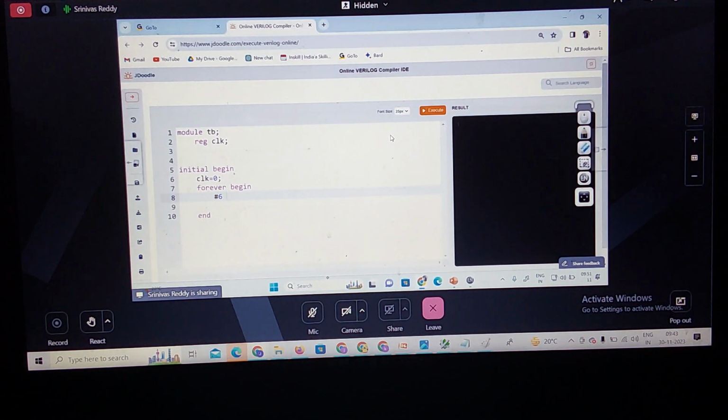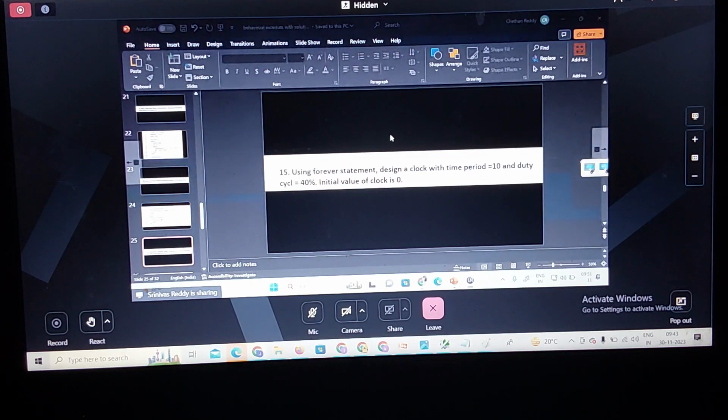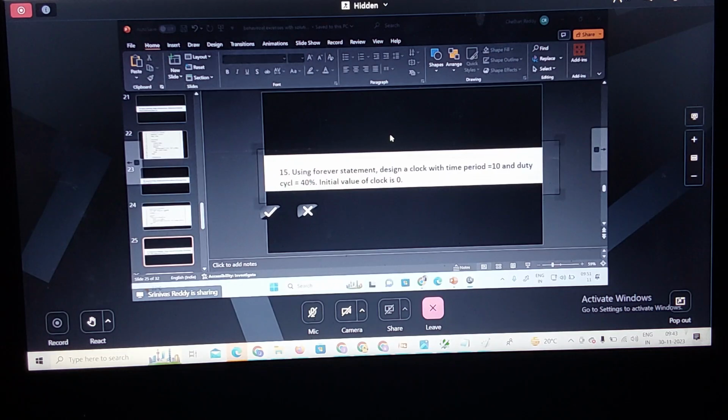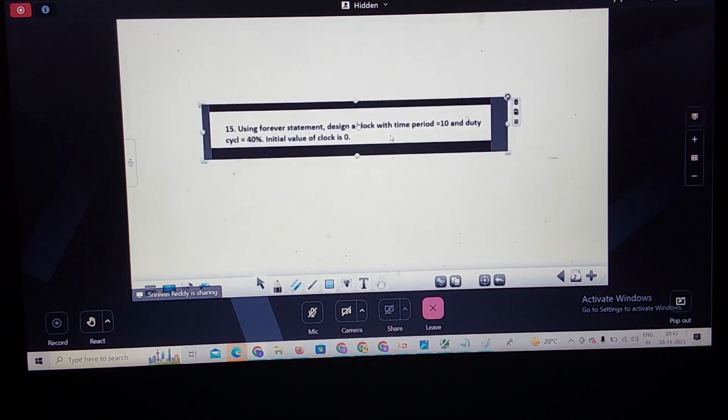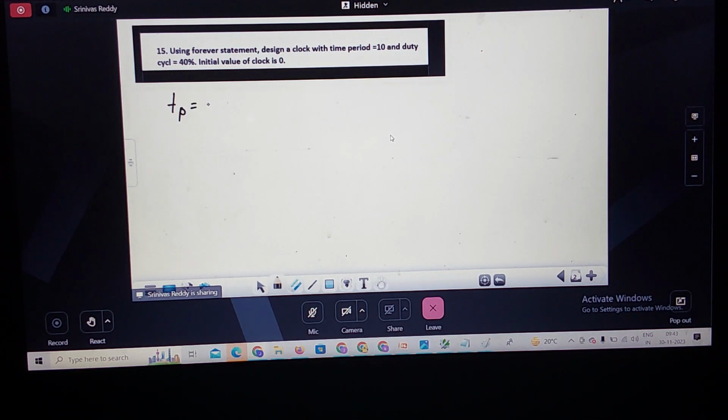Calculate the duty cycle of this. What is TP as given? 10. What is the duty cycle? 40% means how much it is? 0.40.